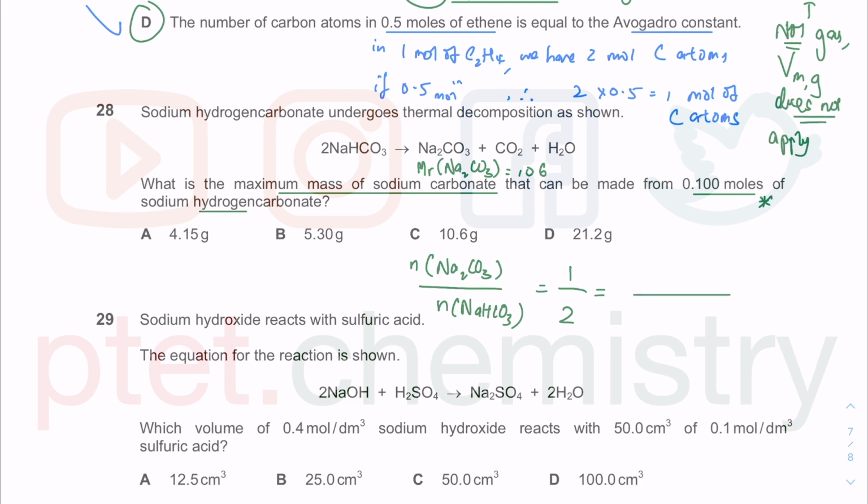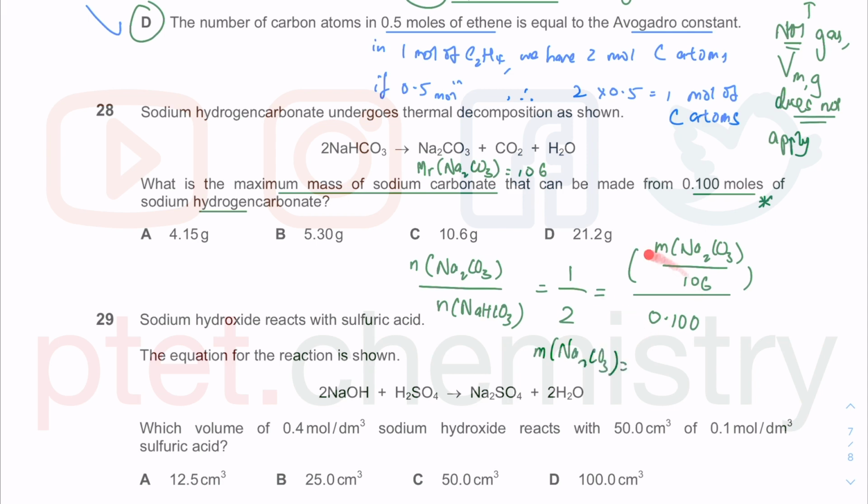Now from your actual amount, 0.100 mole of this reacts, so 0.100 at the bottom is already in mole, so there's no need for me to do anything to it. On top is the mass of Na2CO3, so I need to convert that into mole by dividing by the MR, mass over MR. MR is 106. So what you do then is you just rearrange your equation like that.